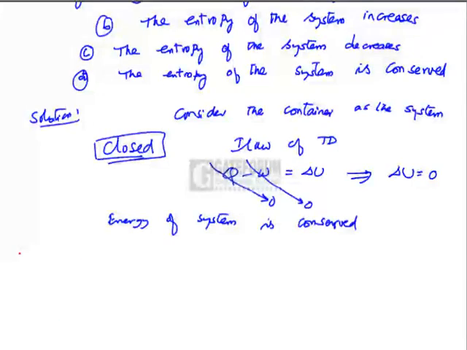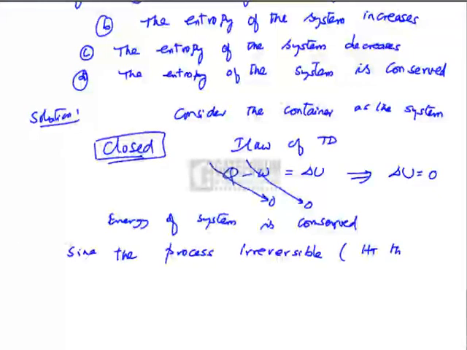But what about the entropy? Since the process is irreversible. Why is it irreversible? It is heat transfer through a finite temperature difference.